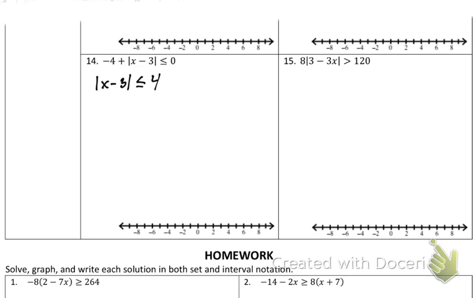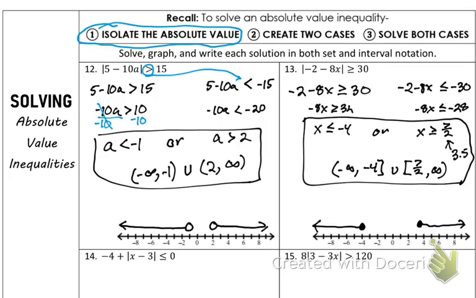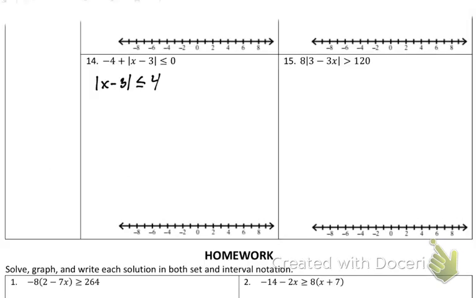Now, the fact that we switched our sign actually makes a difference. If we look at 12 and 13, we had a greater than. So in other words, we have absolute value of x is bigger than some number. We know that this turned into an "or" statement, or a union statement. So it's "or", and we used a union symbol.